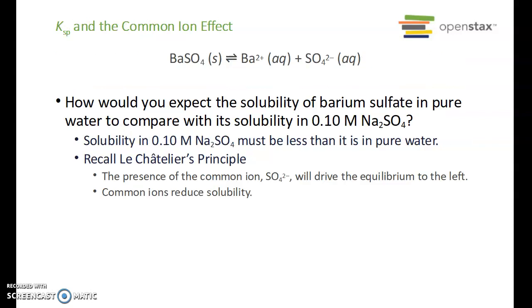Now we're talking about the common ion effect. If you have barium sulfate as a solid, in the solution you will have some barium ions and some sulfate ions.